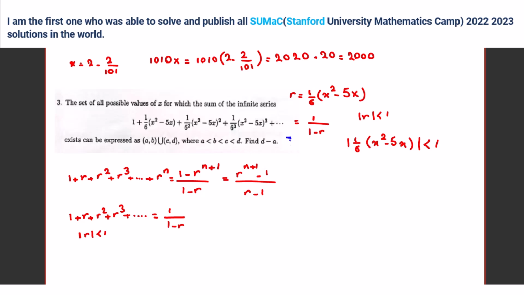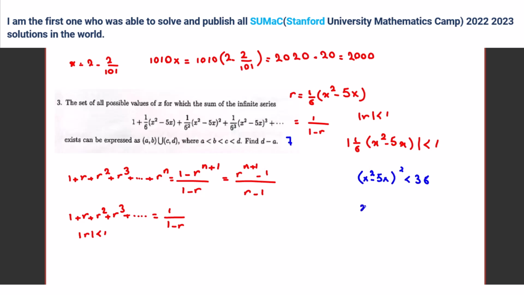Can you explain your solution? Yeah, sure. So, I multiplied both sides by 6, and then I squared both sides. Exactly. So x squared minus 5x, squared, is equivalent to less than 36, right?